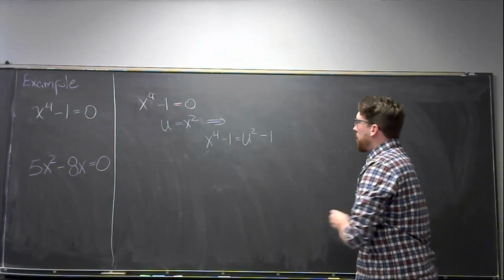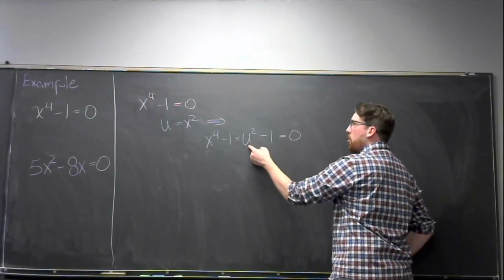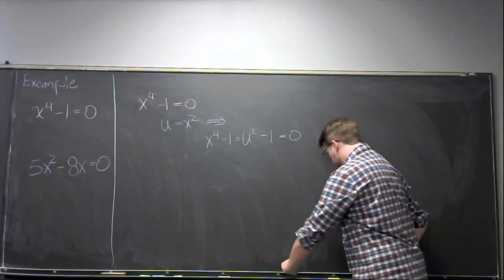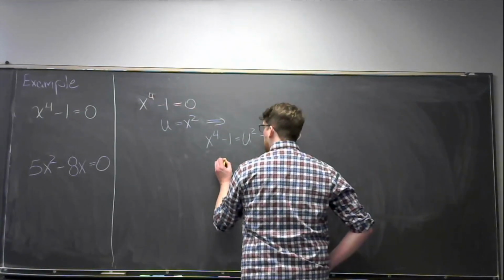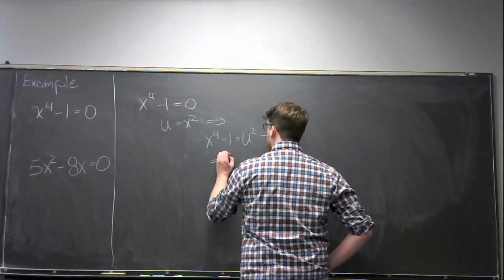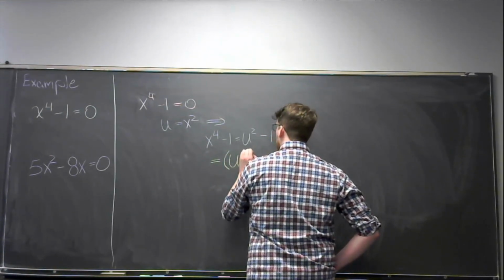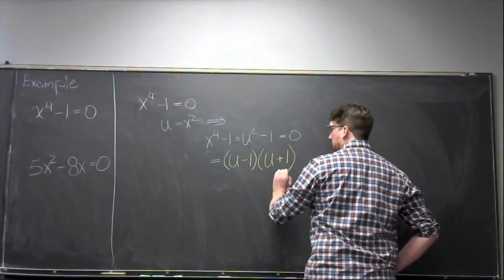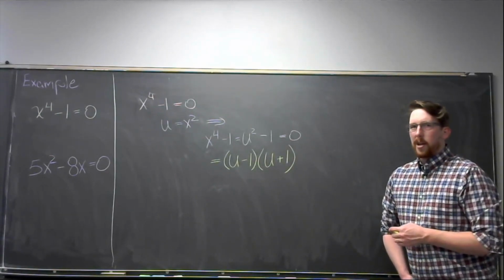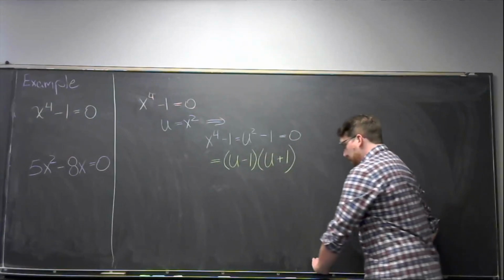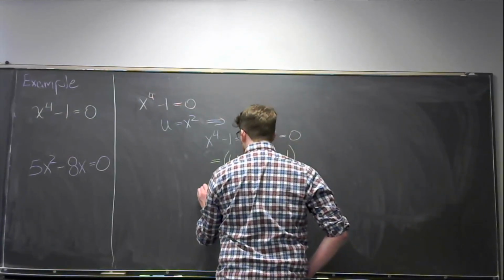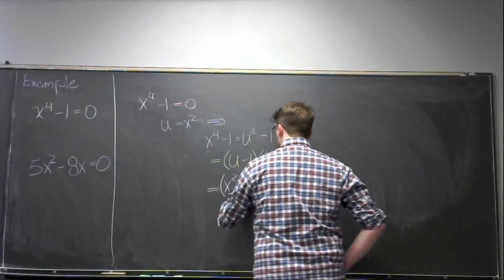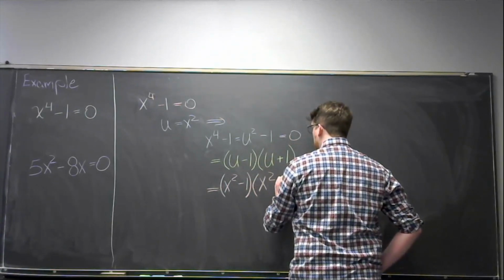Well, I can break u squared minus 1 up into two different factors. The first factor is u minus 1, the second factor is u plus 1. Now let's put x squared back in here. When we put x squared back in, we get x squared minus 1 and x squared plus 1.